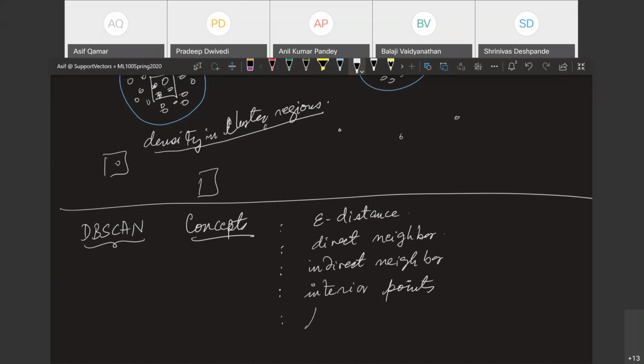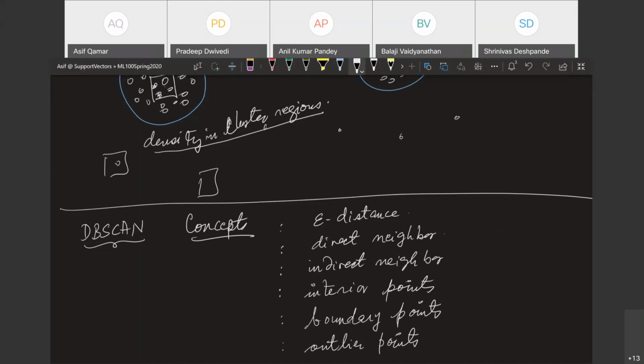The other will be boundary points, and these things will become very intuitive in a moment. Boundary points and then outlier points. So these are all attributes of each data point.